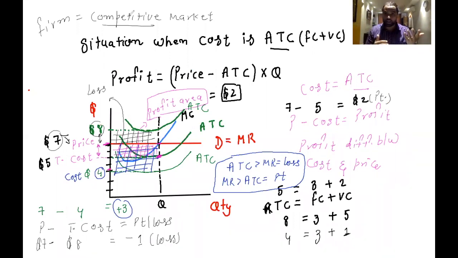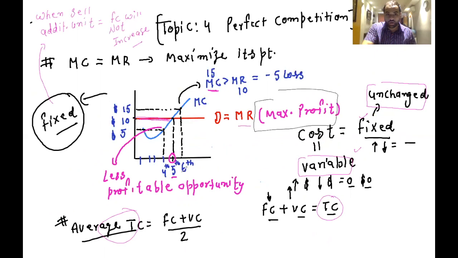The price may not be changed on additional units. If you keep selling, like the example I gave before on number six, on these additional units you are not going to have revenue. Selling additional may not have profit. But when you want to sell additional, you have to produce additional. If you produce additional, your variable cost will increase.